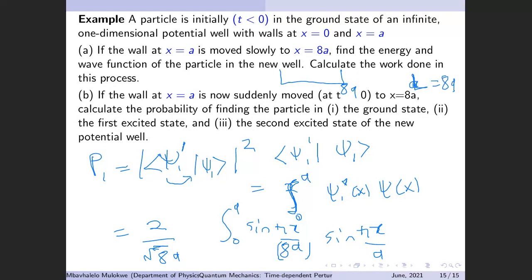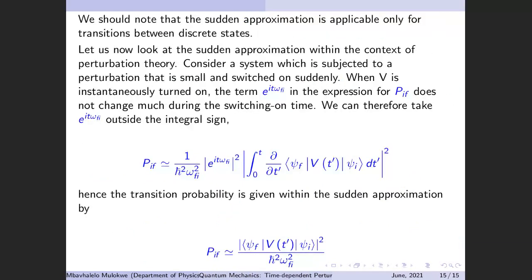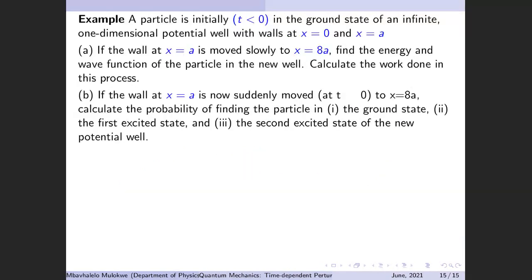So if you compute those integrals, you get 16 over 63 pi times square root of 4 minus 2 square root 2. And then the probability would be the square of that, 16 over 63 pi square root of 4 minus 2 square root 2, squared.